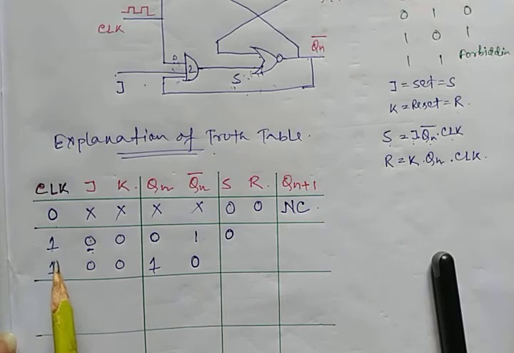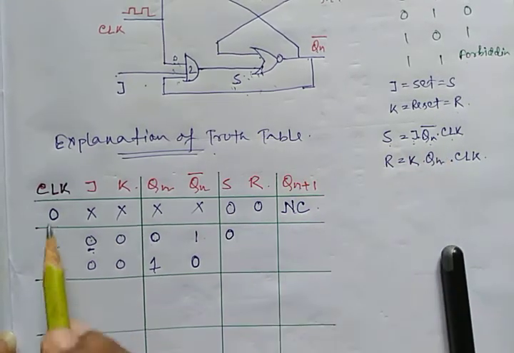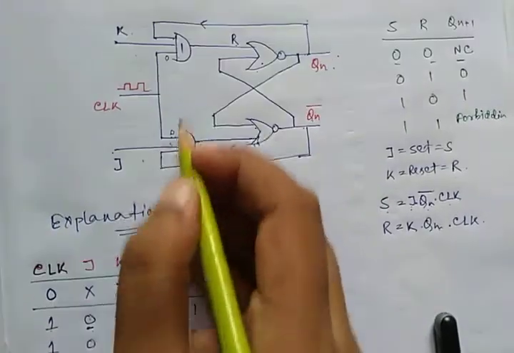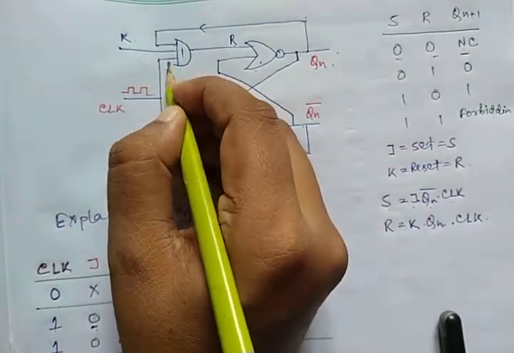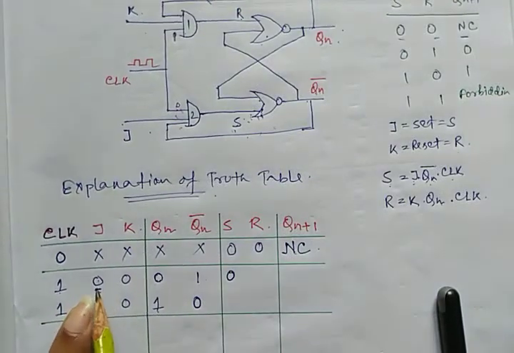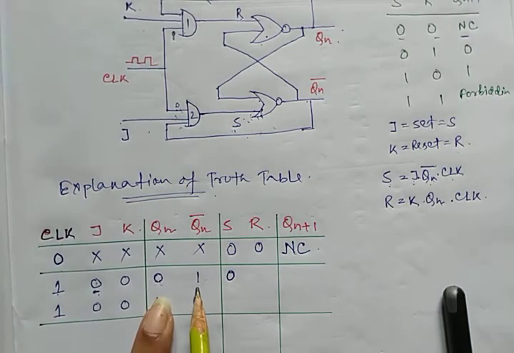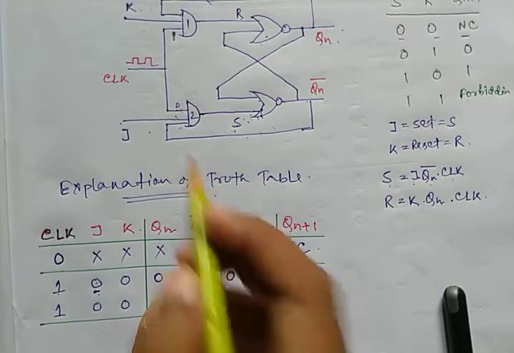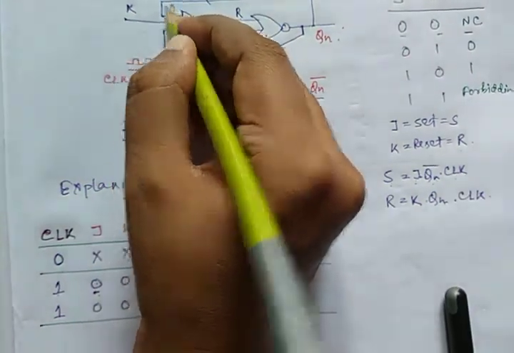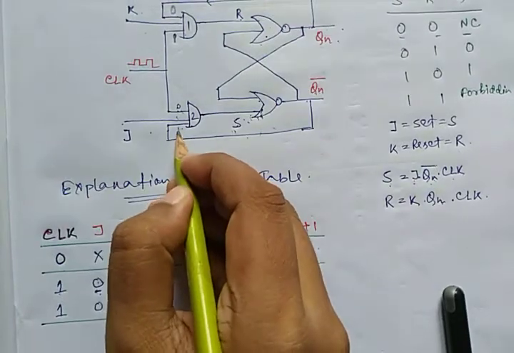And for R, the values are K, Qn, clock. Here clock is 1 obviously. Qn is 0 and Qn bar is 1.